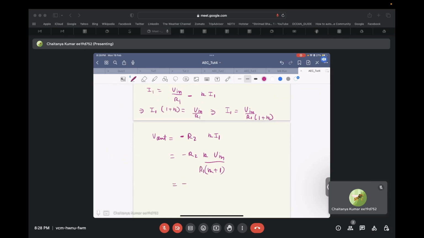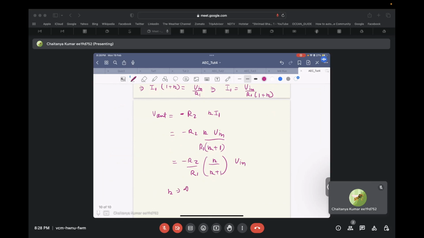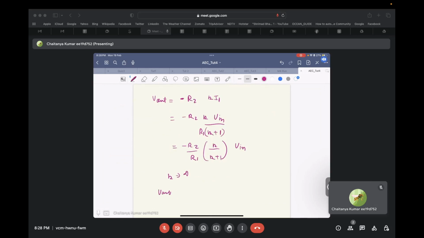So this can be modified as follows: R2 by R1 times K upon K plus 1 times Vin. So if K tends to infinity, that is, the gain of the current controlled current source tends to infinity, our output becomes Vout is equal to minus R2 by R1 times Vin.